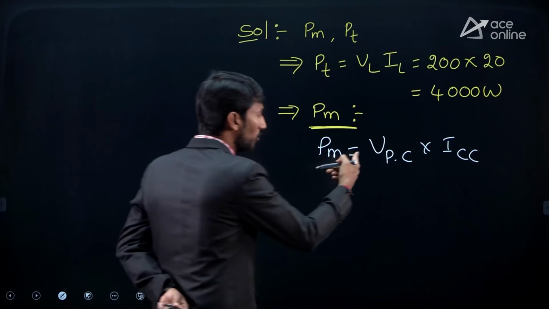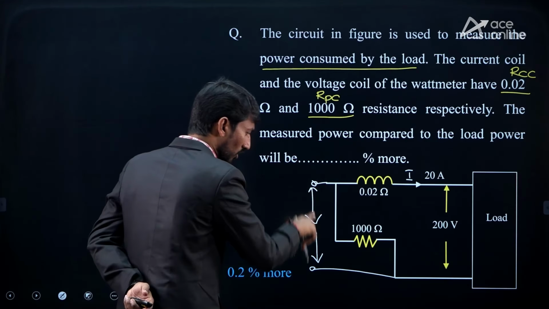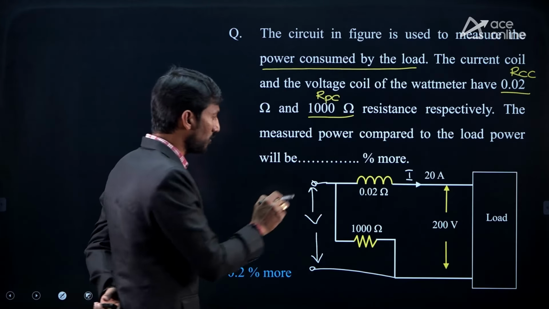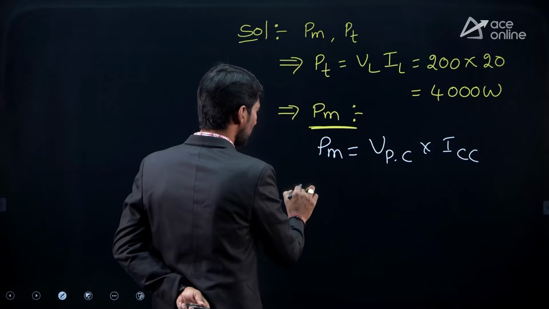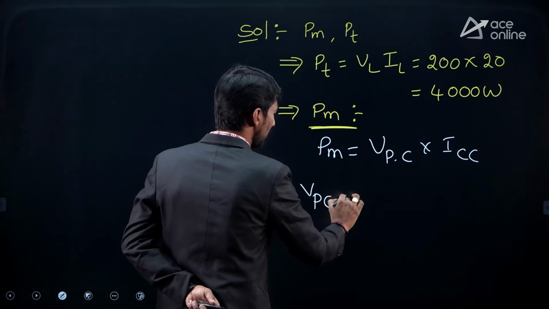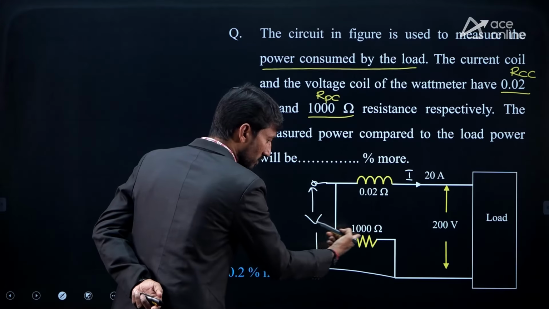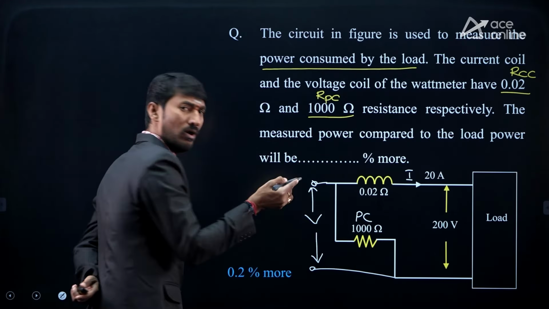But what about the voltage across the potential coil? Very simple. Voltage across the potential coil is this V. What is this V? Simply this drop plus this one. So therefore, VPC is equal to V. I am writing V or VPC because this is the potential coil. Voltage across the potential coil is V only.